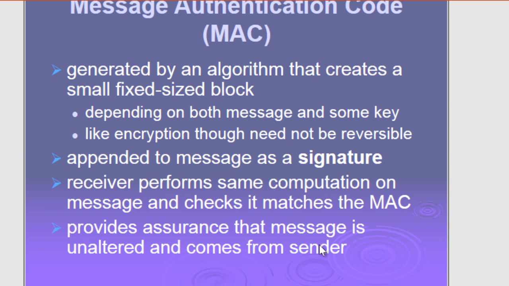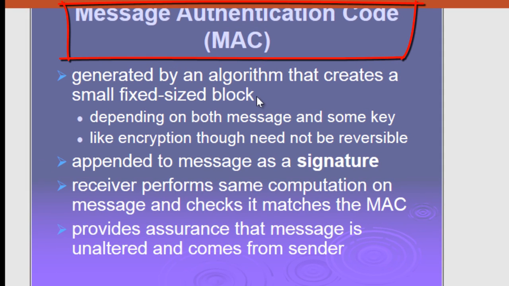Now let us see the second technique, message authentication code, MAC. It is generally an algorithm. MAC, message authentication code, is an algorithm which creates a fixed size block. For example, it could be a 64-bit block or a 128-bit block, whatever the block might be.